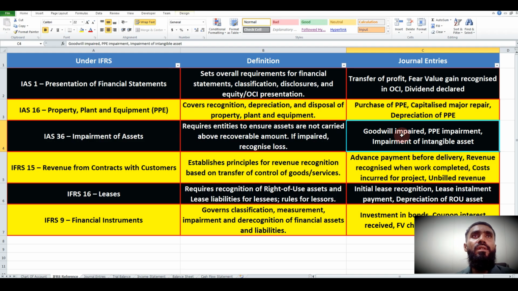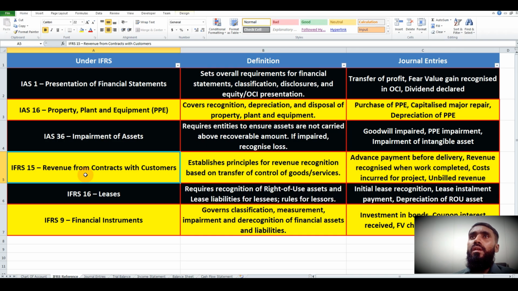The journal entries: goodwill impaired, property, plant, and equipment impairment, impairment of intangible assets. Guys, you should have the knowledge related to intangible, tangible, and goodwill impairment. You have to study it.